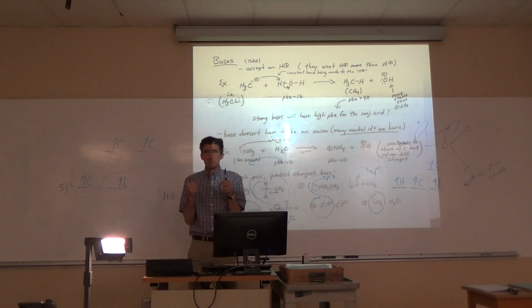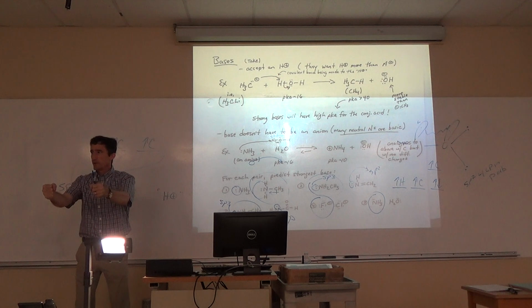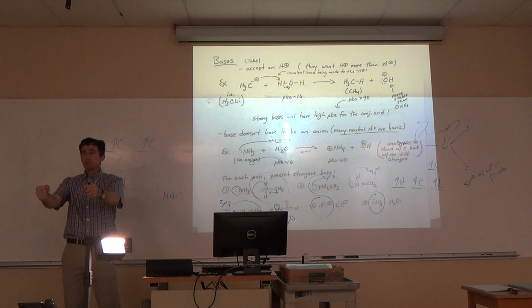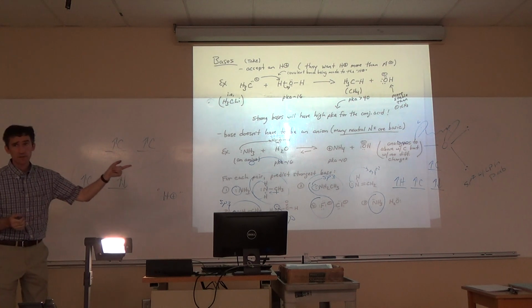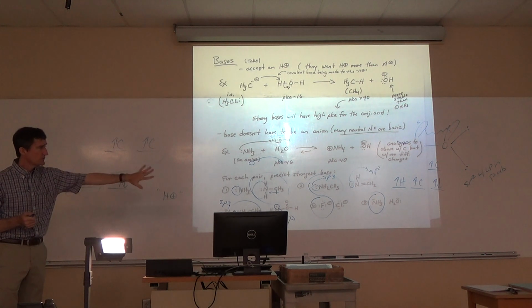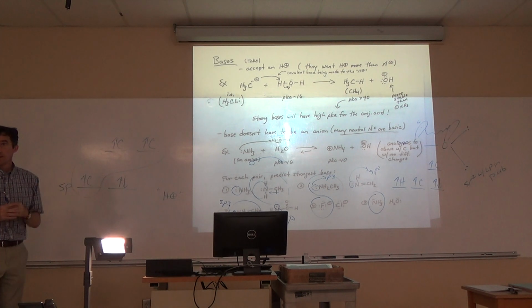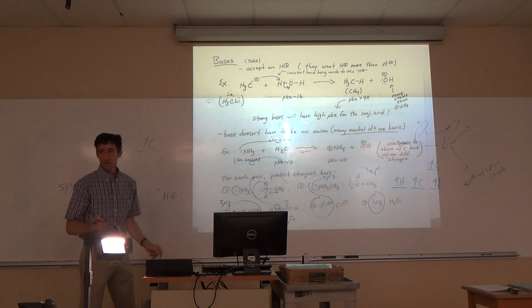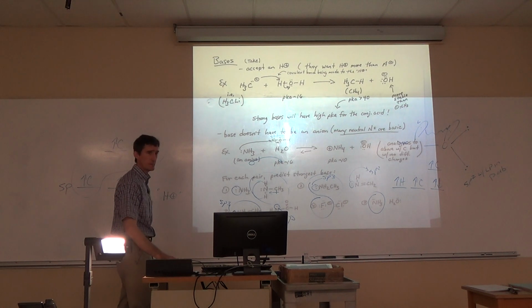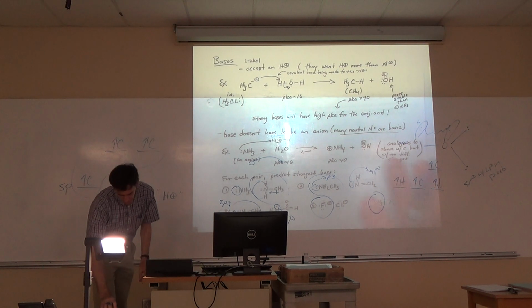Oxygen lone pairs. Nitrogen lone pair, inherently, because nitrogen just doesn't hold on to them as tight. Oxygen is more electronegative. Not really a hybridization effect. They both have the same hybridization. All those lone pairs over there are sp3. But there's a difference between an oxygen sp3 and a nitrogen sp3, because oxygen inherently holds them tighter. It's an electronegativity effect. Not a hybridization effect, not a resonance effect.